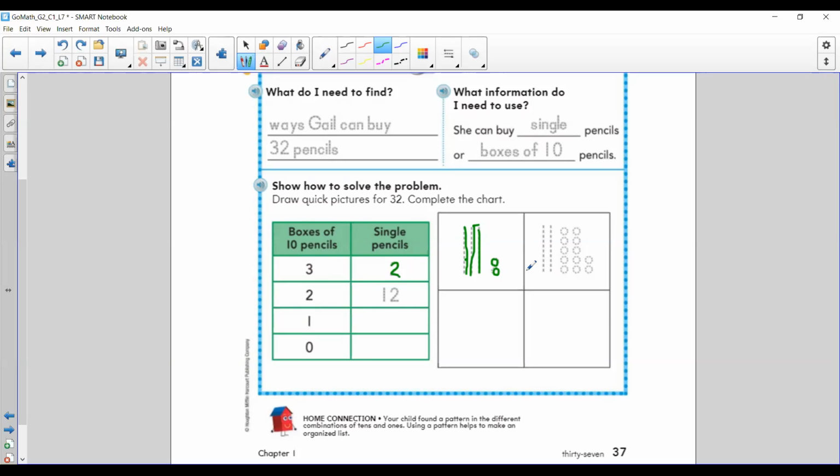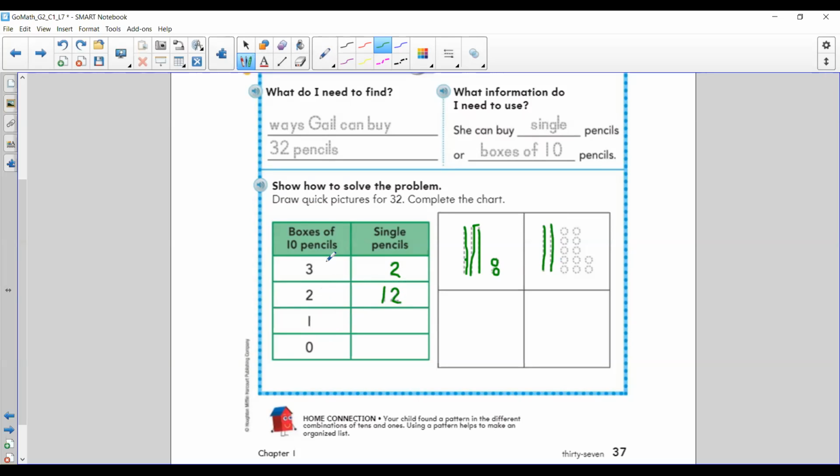Now in our next little drawing, we took away one of these tens and we broke it apart into 10 ones. So now we are down to 2 tens, and remember our pattern, it goes 3, 2, 1, 0 on the tens. But every time we take away a 10, we have to add the 10 to the ones. So now we have 12 ones.